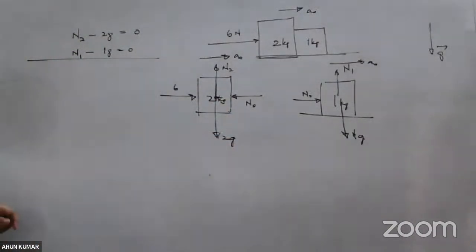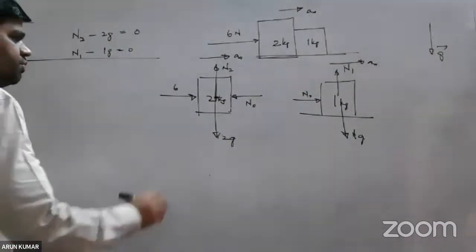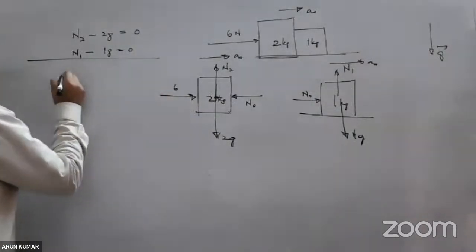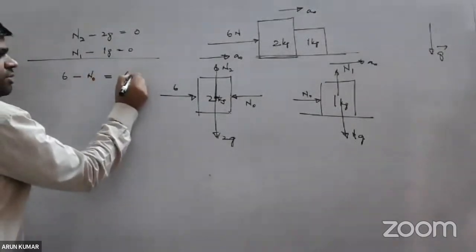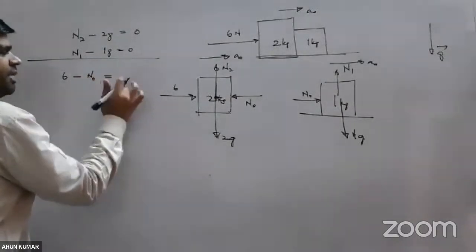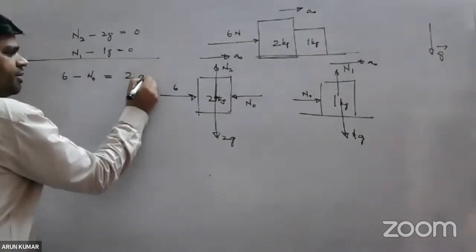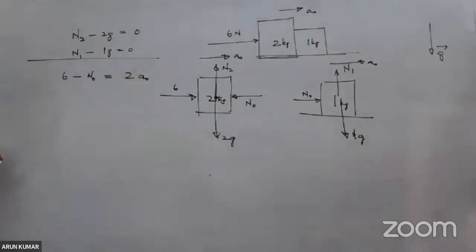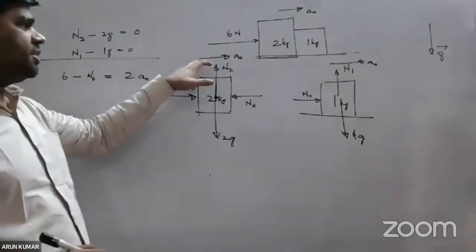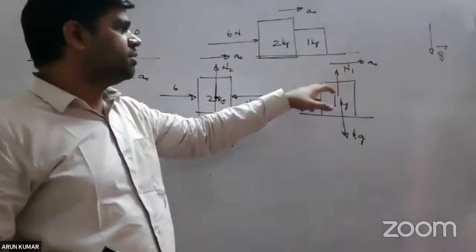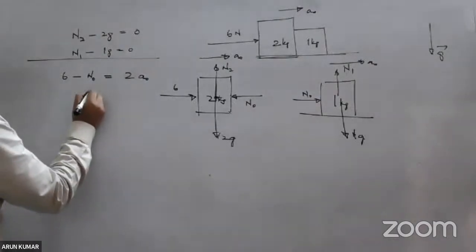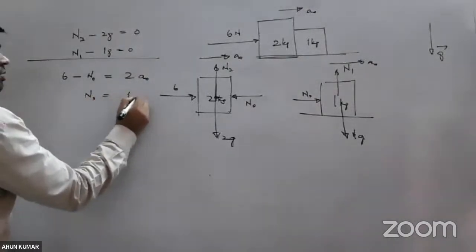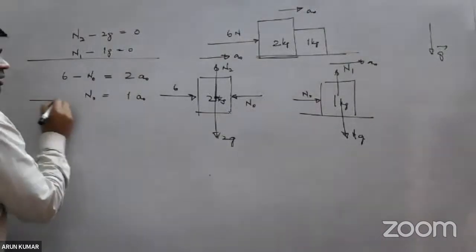Now I write the horizontal equation. What is the rightward force? 6 Newton. Leftward force is N naught, equal to mass into acceleration. What is the mass? 2 into A naught. See, acceleration is A naught. Now, for the second block, N naught is equal to 1 into A naught.